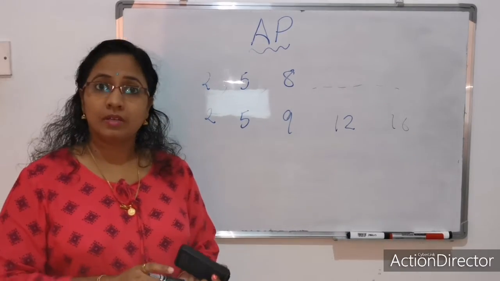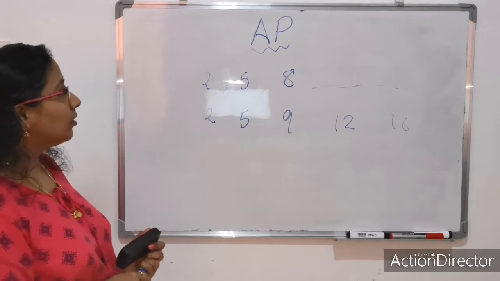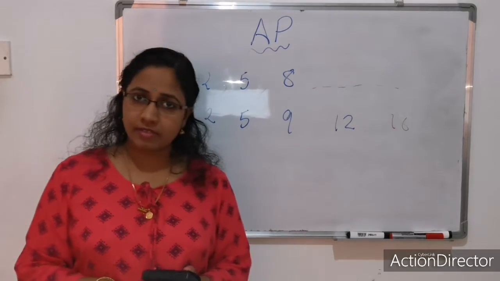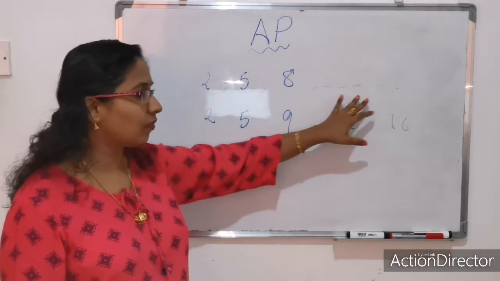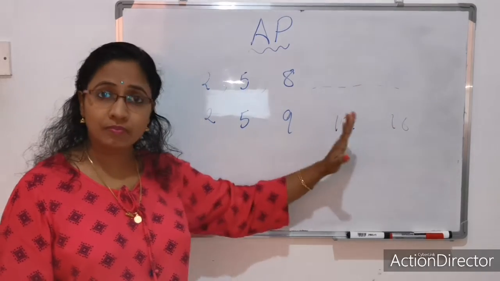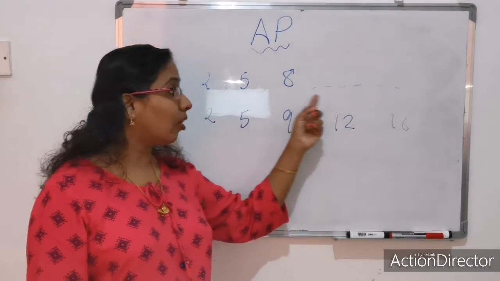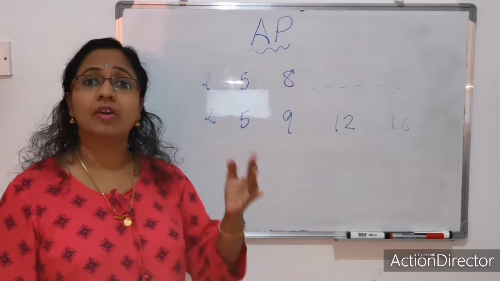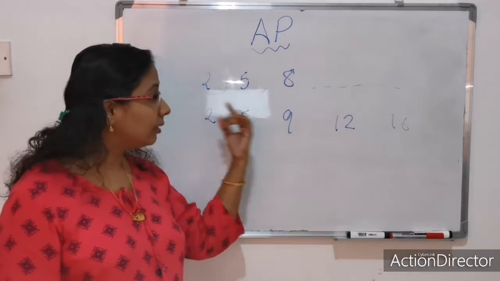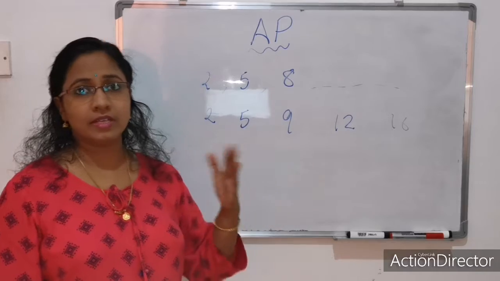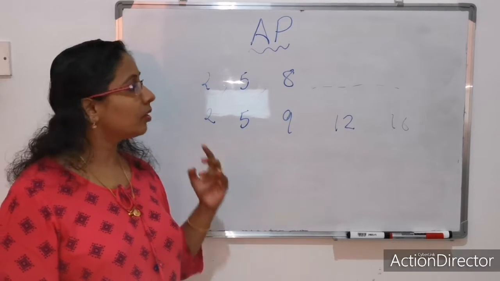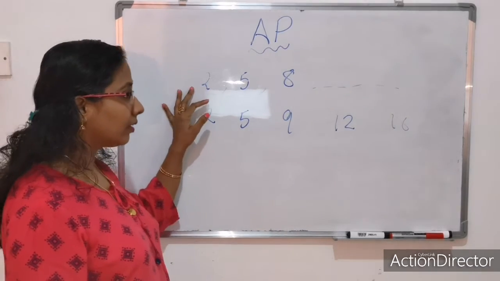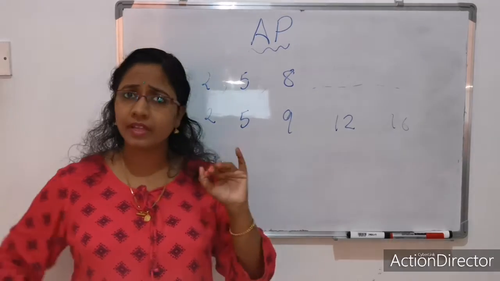An AP is a series or group of numbers in an order which is ascending or descending, or all numbers are the same. It can be ascending or descending, or otherwise all numbers same.